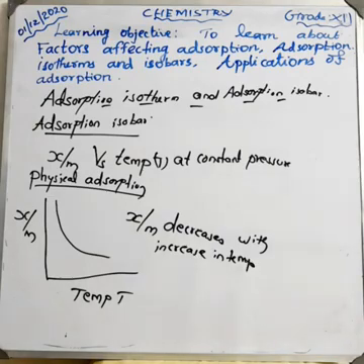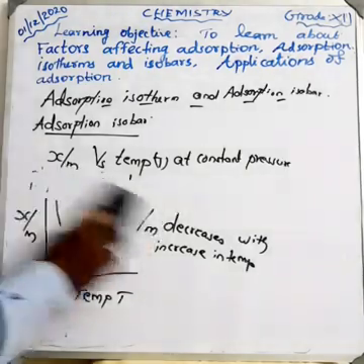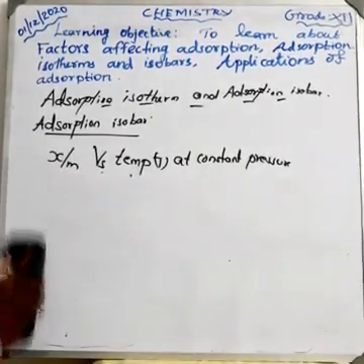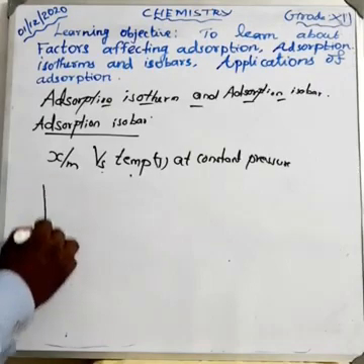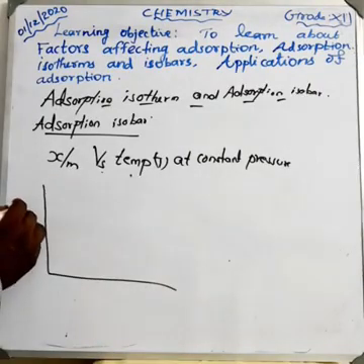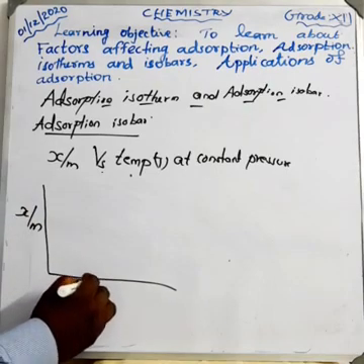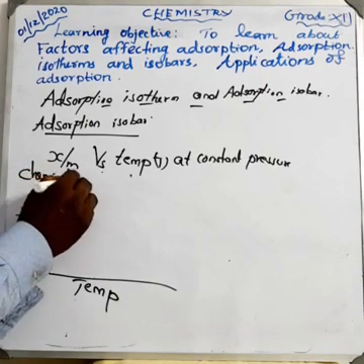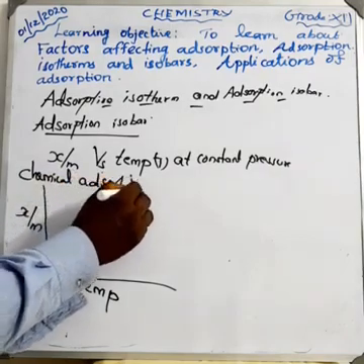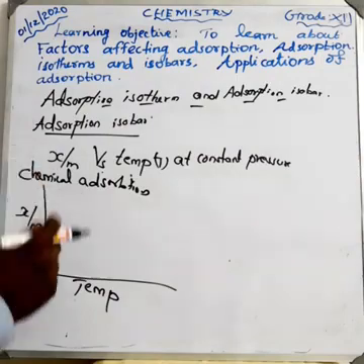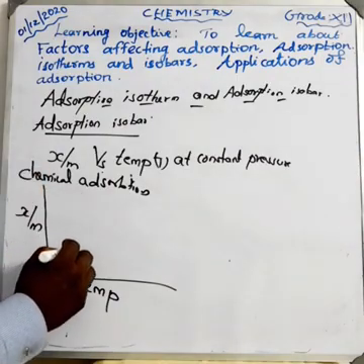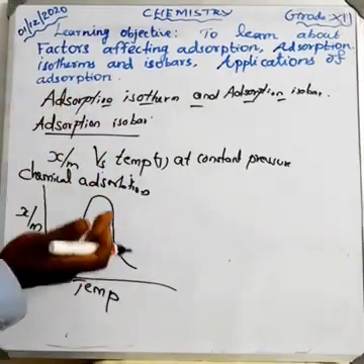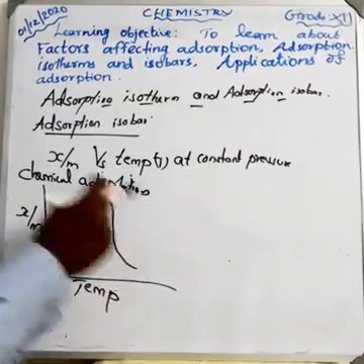Next, what about chemical adsorption? When we plot the amount of adsorption, x by m, against temperature for chemical adsorption, here x by m first increases with the rising temperature, then decreases.